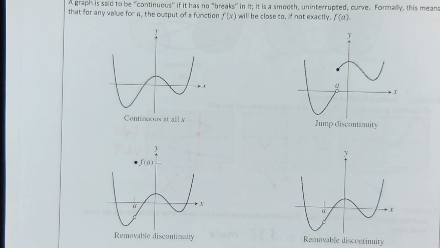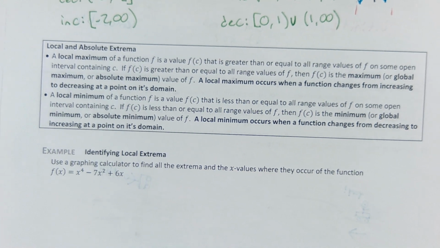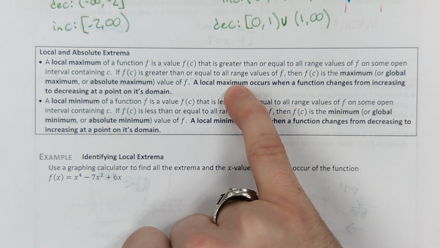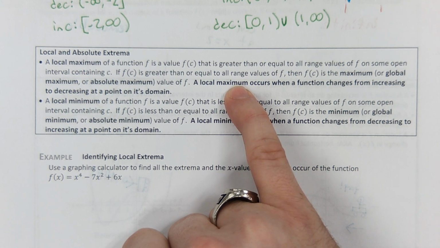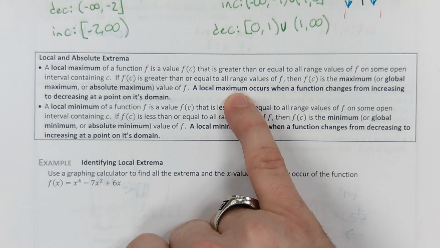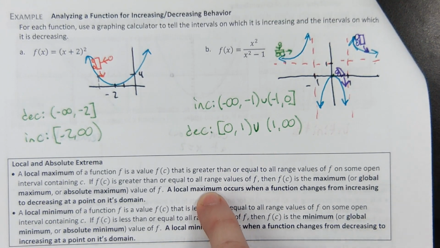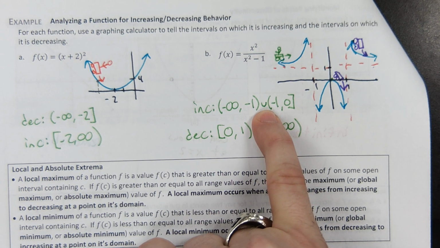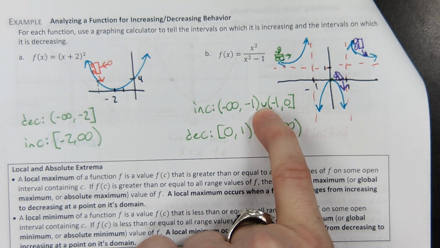So what is important in that box is what is in bold. A local maximum occurs when a function changes from increasing to decreasing at a point on the domain. I included the at a point on the domain thing because let's just say, for the sake of argument, my graph had started decreasing at -1.